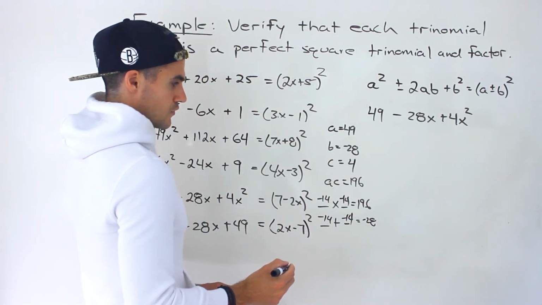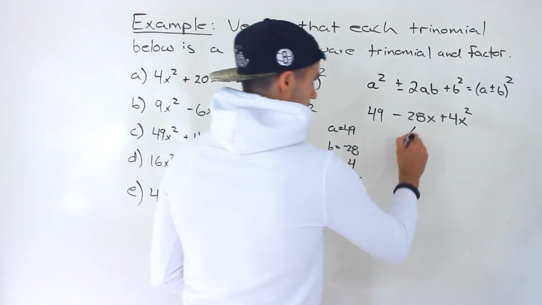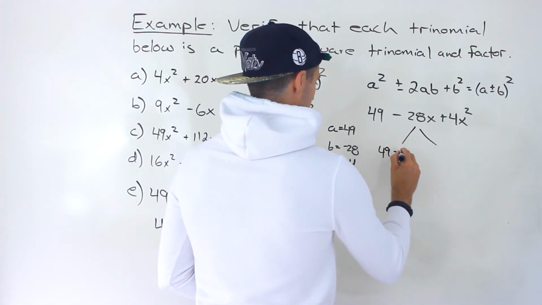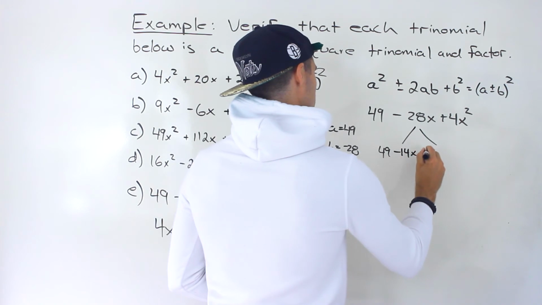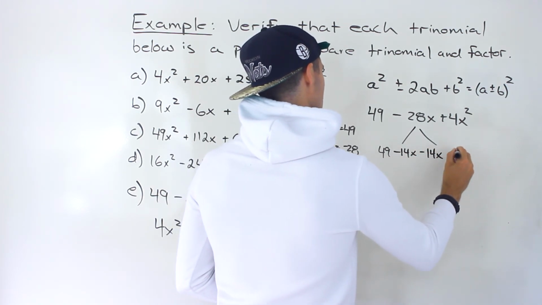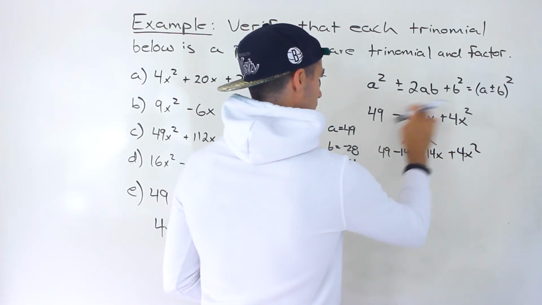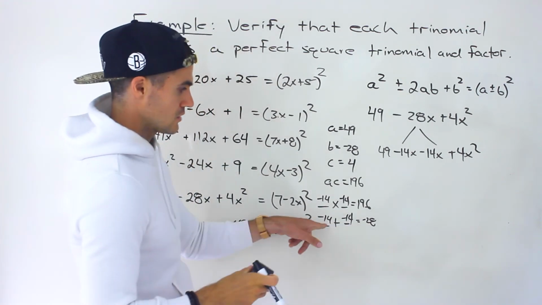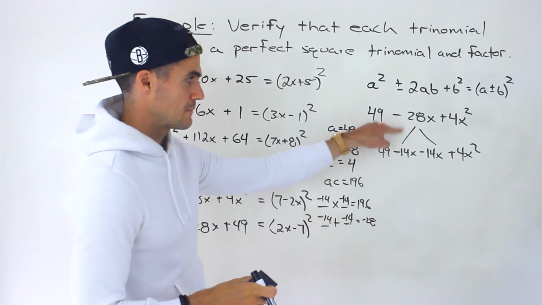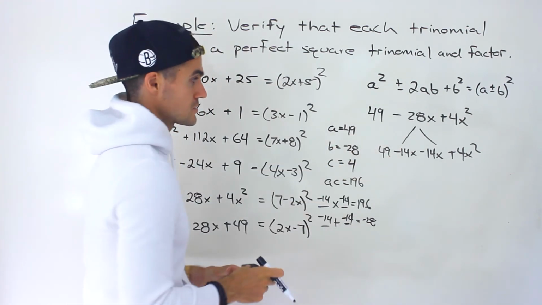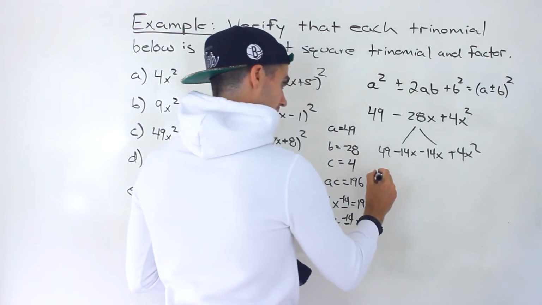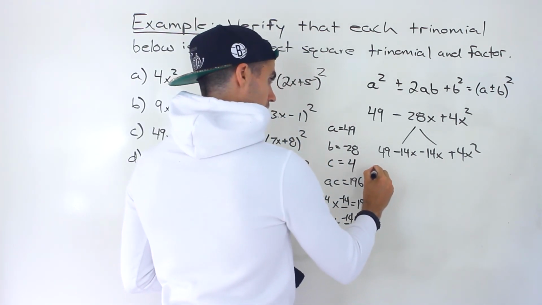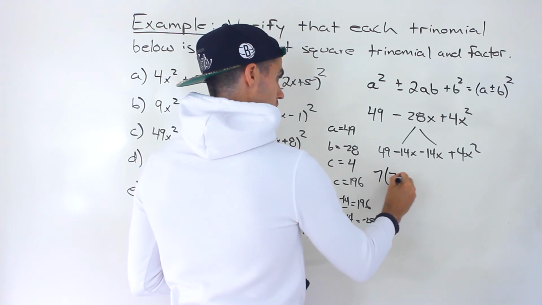Okay, so from there, we decompose that middle term. Now if you did the decomposition with the 4x squared in front, the 49 at the end, you'd still get negative 14 here. That middle term would still decompose into those two terms. But if we work it like this, how we're given, we could take out a 7 from the first two.